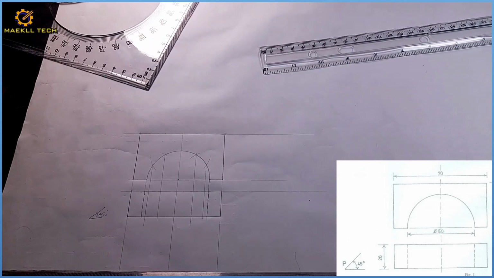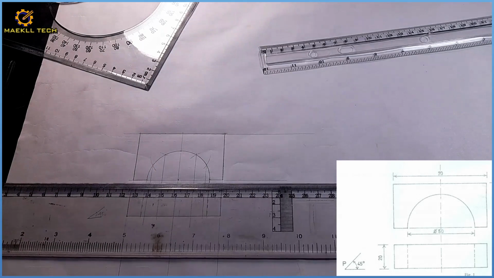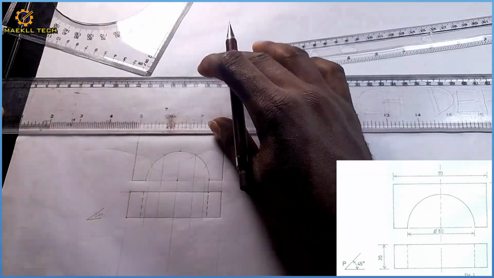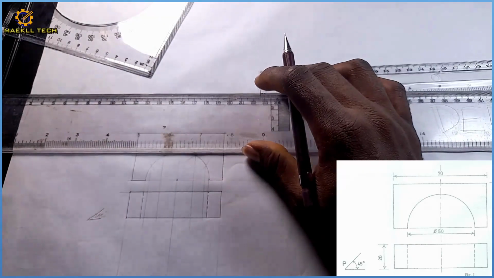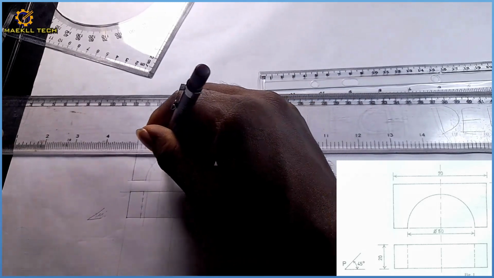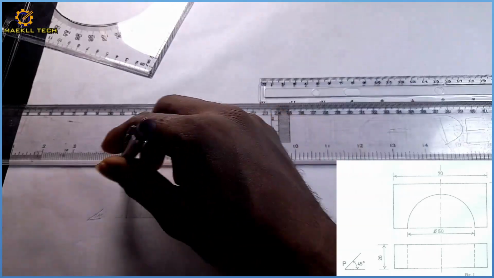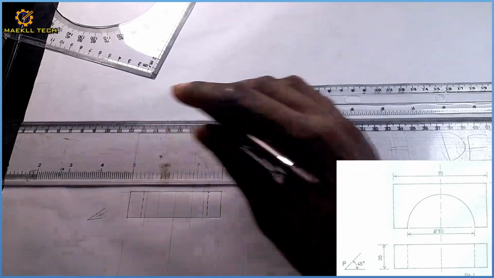After doing that, now I'm going to project each of these areas. But before that, I'm going to do this: this like this, this and this like this, this like this, then the base like this.